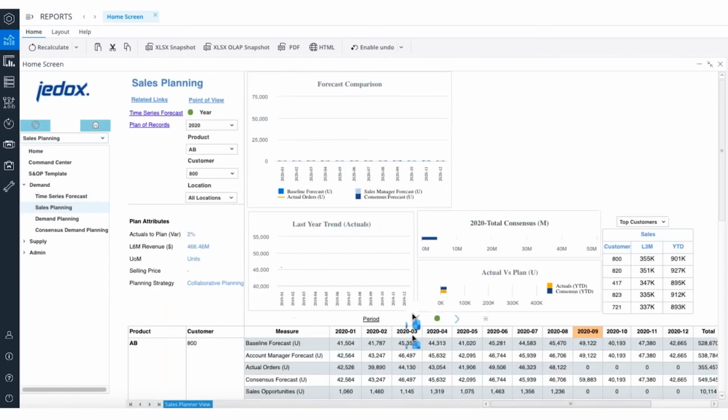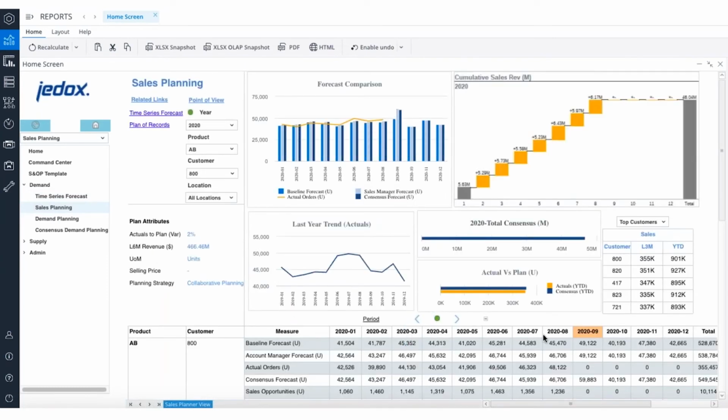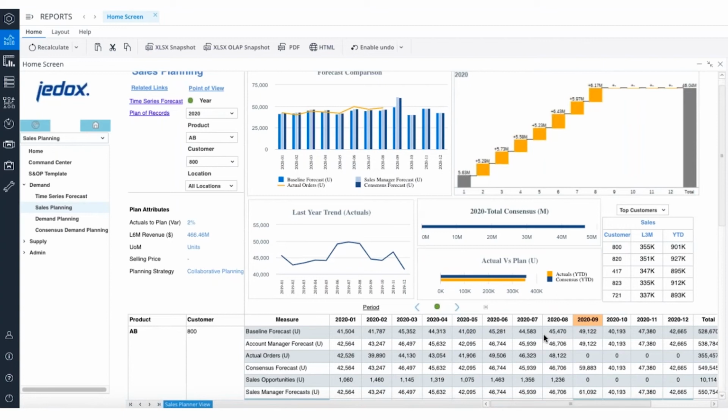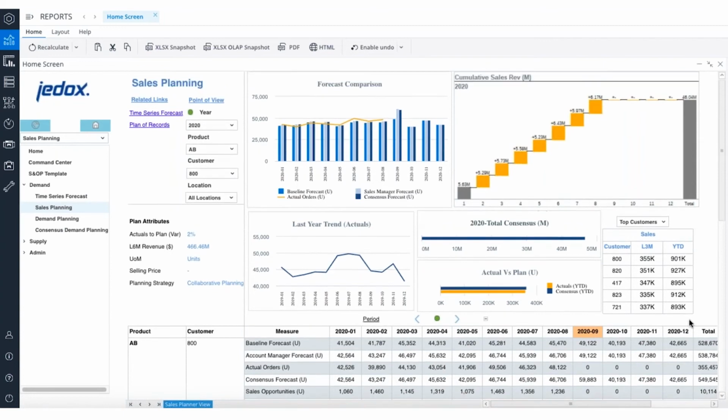So coming to sales planning, here this is more of a human-oriented process. You definitely have intelligence provided by the system. The objective here is for the salespeople to update their forecast every month. Sales usually reviews their data by product family at customer and location levels, which they can select. Based on that data, this template shows them information about the statistical forecast baseline, the account management forecast, and the actuals performance so far.